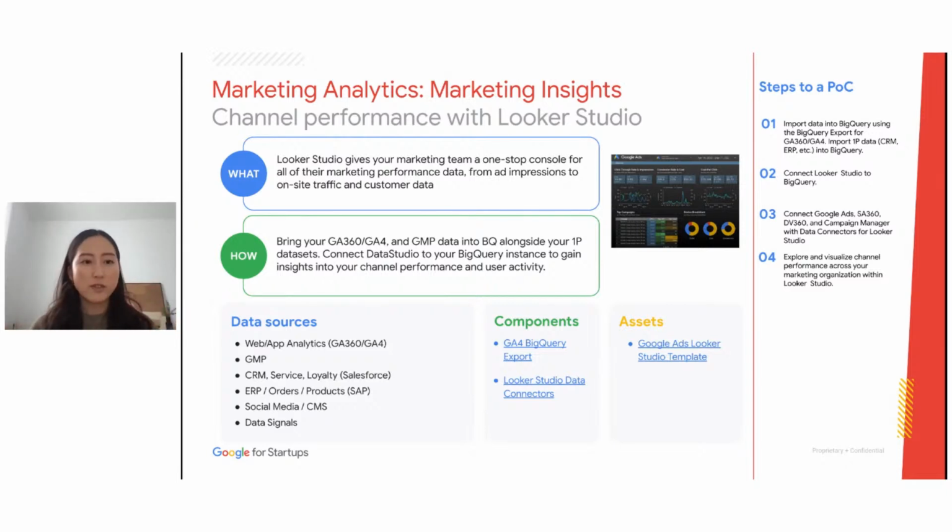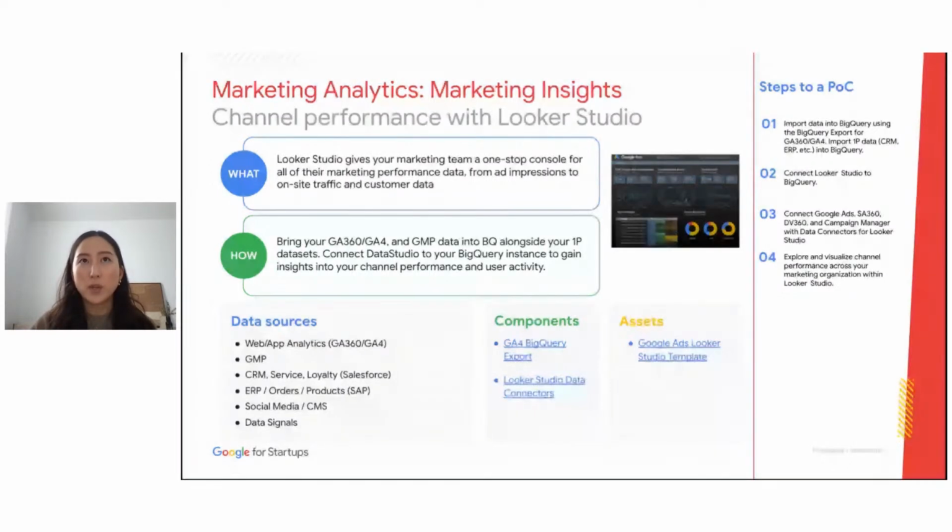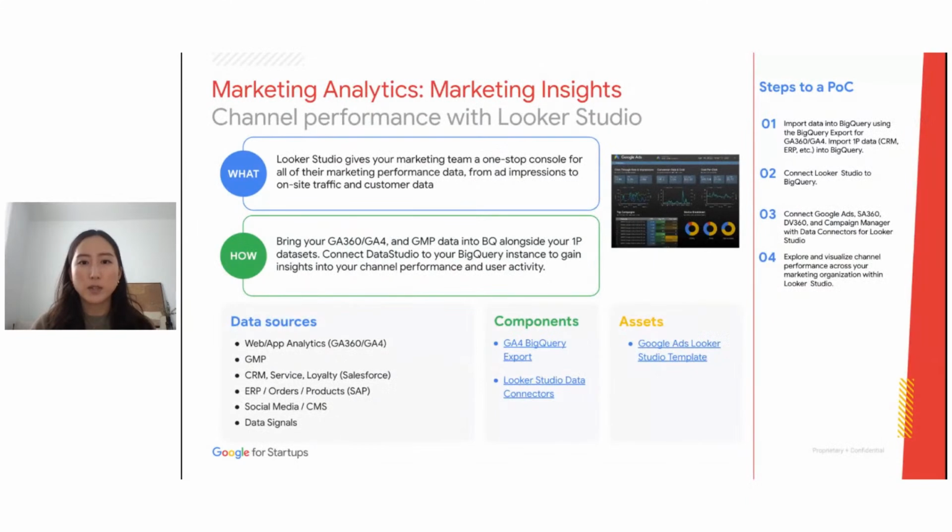And the way that we can achieve this is by bringing in your Google Analytics data and your Google Marketing Platform data into BigQuery first, and also integrate any of your first-party data sets, and then connect Looker Studio to this BigQuery instance to gain insights into your channel performance and also what your users are doing. So this could be one example proof of concept in terms of channel performance.